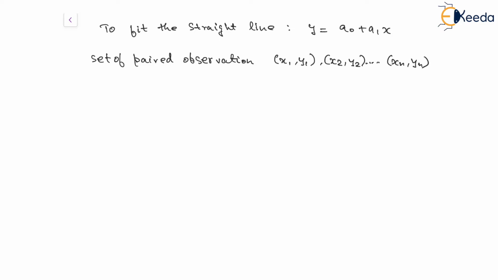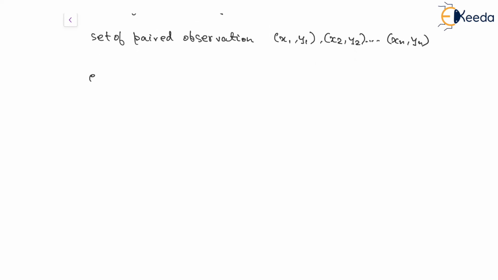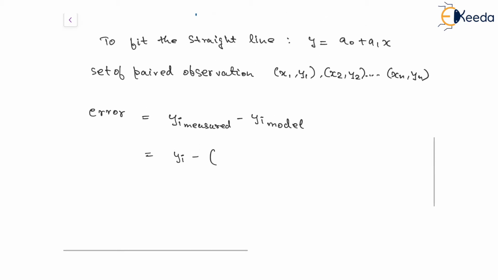Now we need to understand that the error will be equal to the y measured minus y model. So this will be equal to yi minus the model, which comes from the equation, and that will be a0 plus a1 xi.